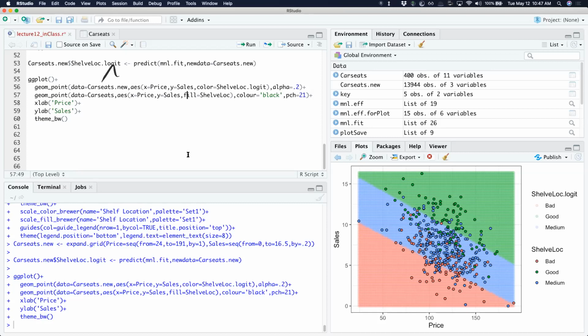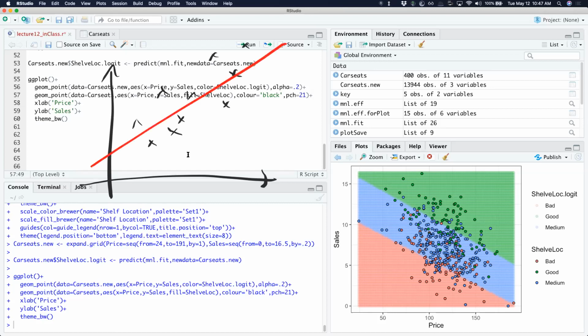If you have a linear regression, you have data that looks like this, and then you have a line, and we call that line the fit of the linear regression through the data. So analogously, the fit of a multinomial logistic regression is essentially this background shading here.